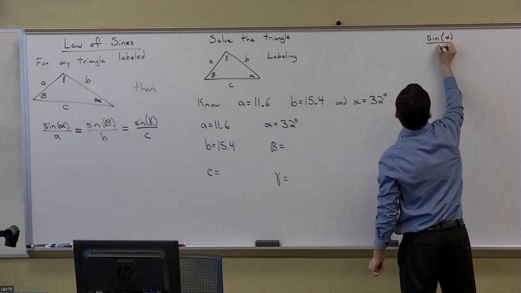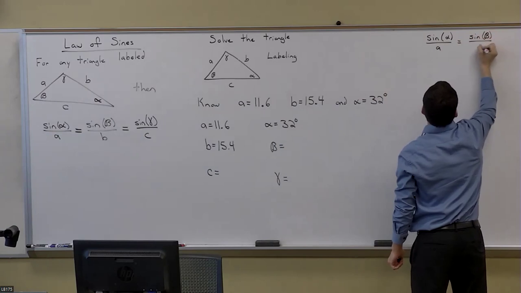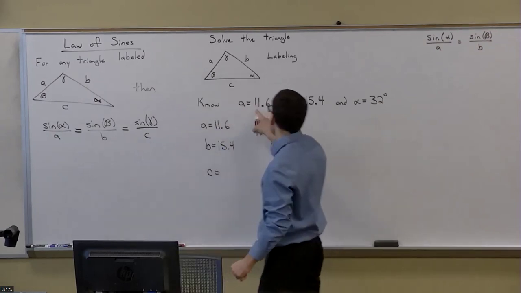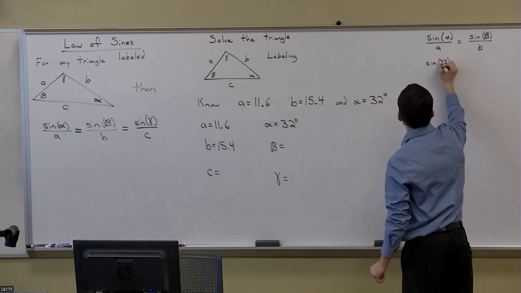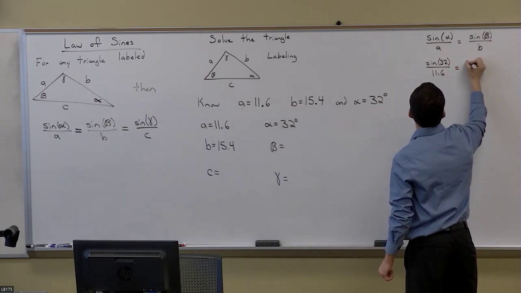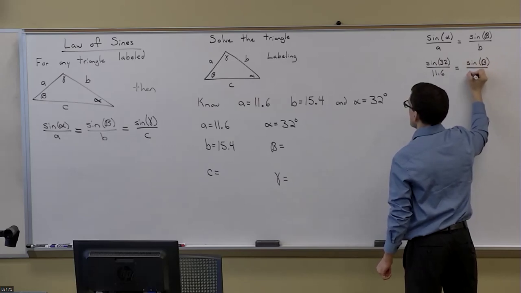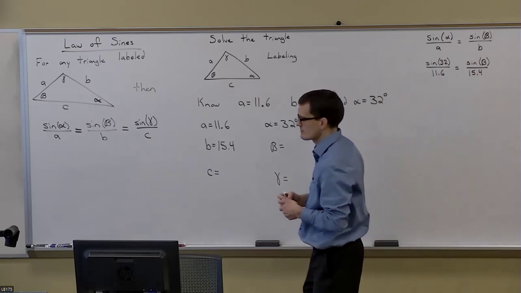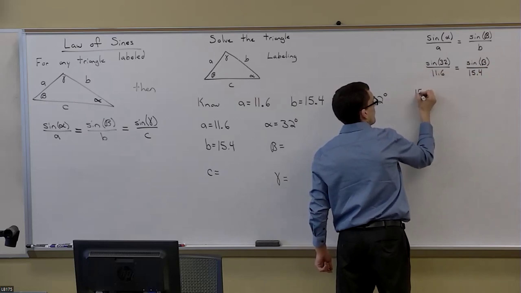Sine alpha over A is equal to sine beta over B. And then I'm going to plug in the A, the alpha, and I'm going to plug in the B. I'll multiply both sides by 15.4.